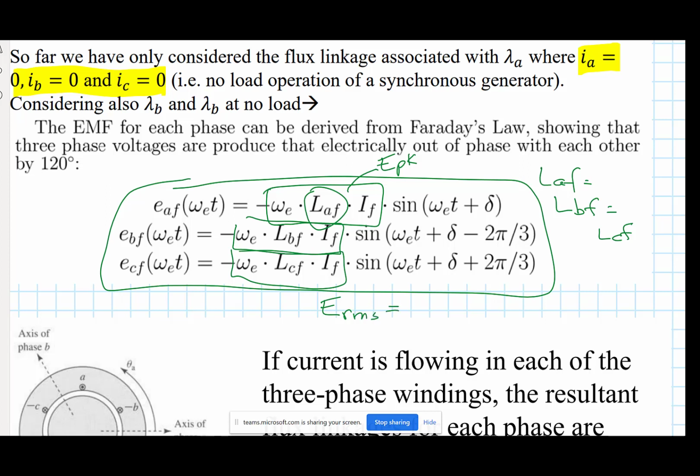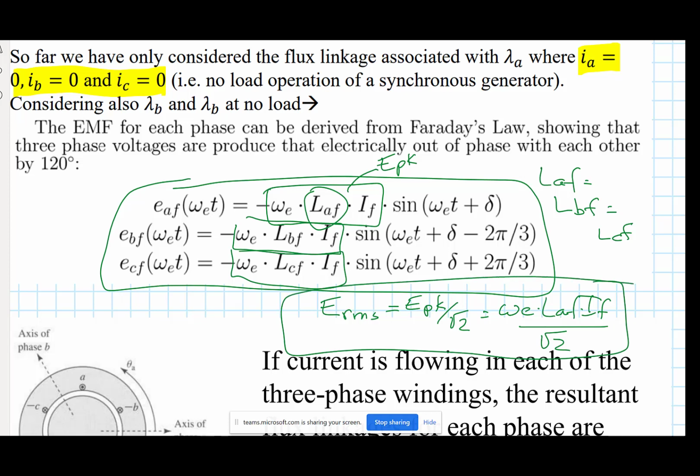ERMS would be E peak divided by square root of 2, right? And so that would be omega LAF IF over root 2. And now you have another way of finding the RMS voltage.